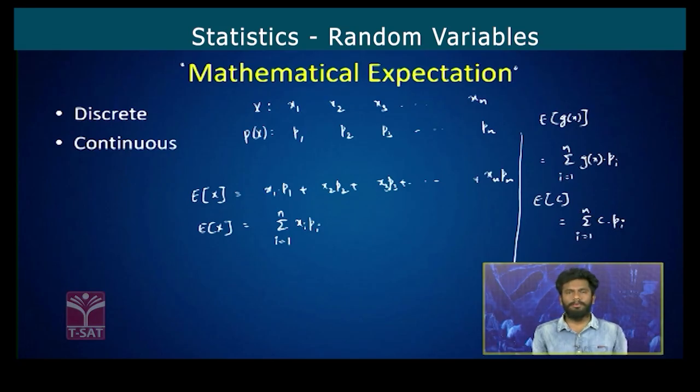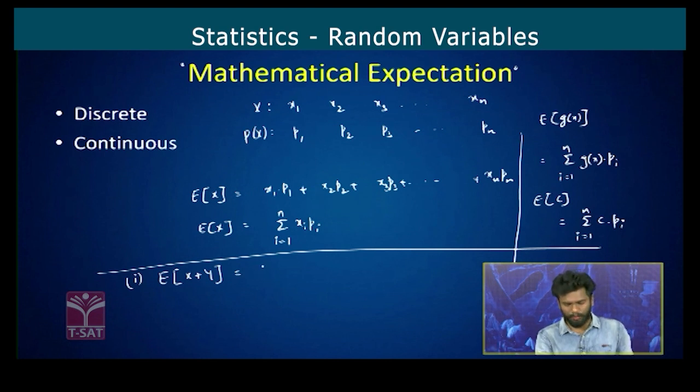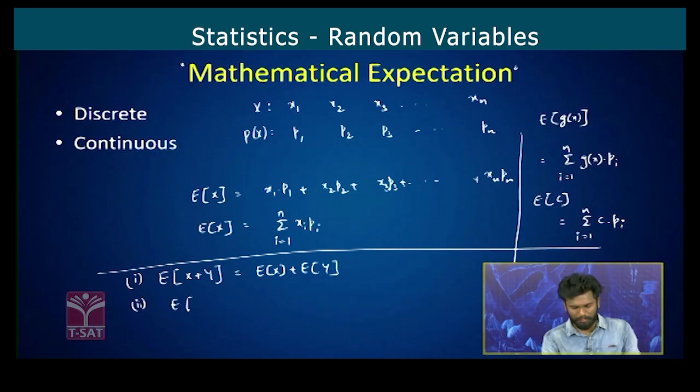Now, we'll see a few properties of this mathematical expectation. First one, addition of random variables in a mathematical expectation. So expectation of x plus y will be equal to expectation of x plus expectation of y. Second property, expectation of some constant a into x will be equal to a into expectation of x.